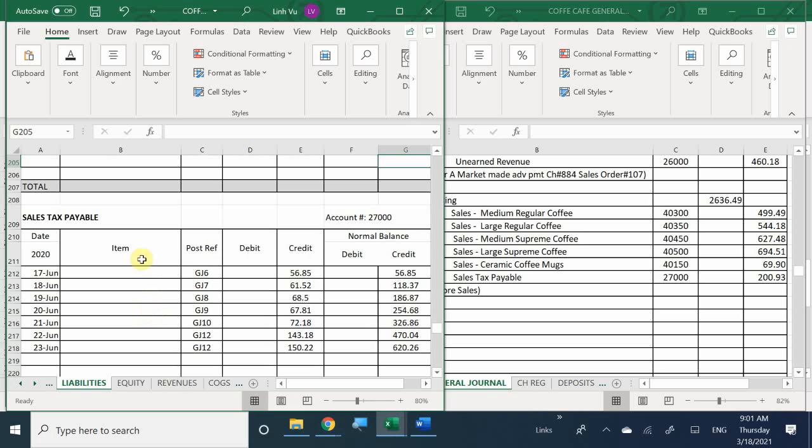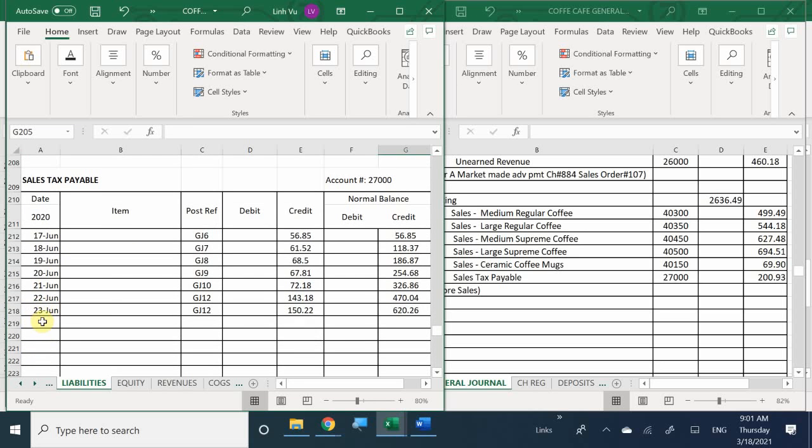Here we are at sales tax payable, for $293.